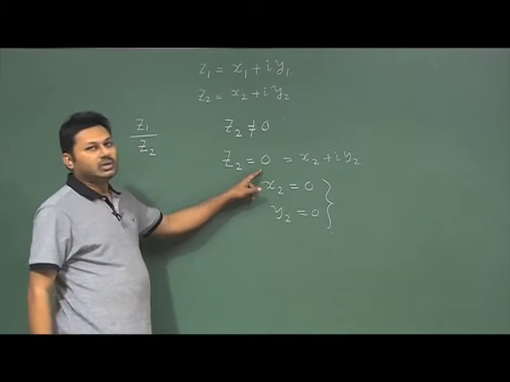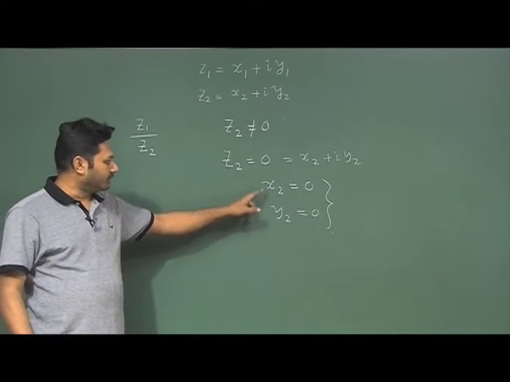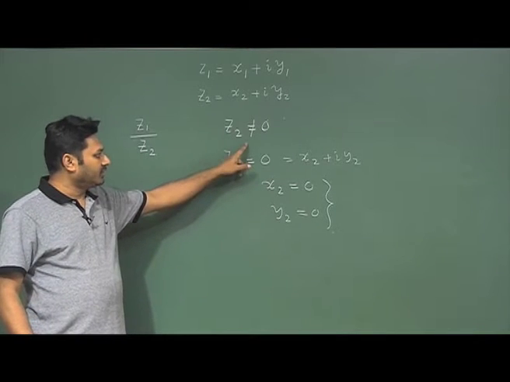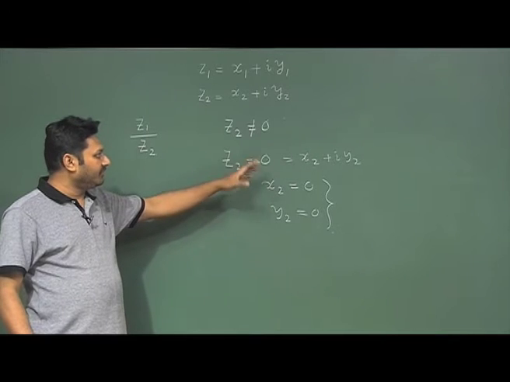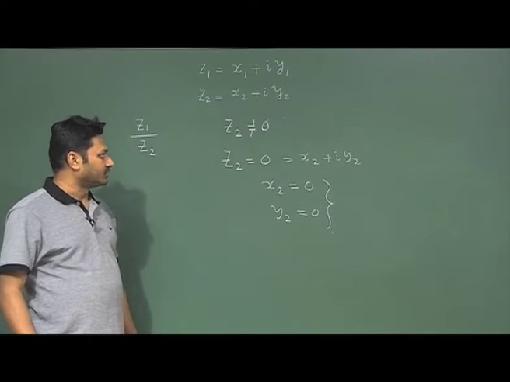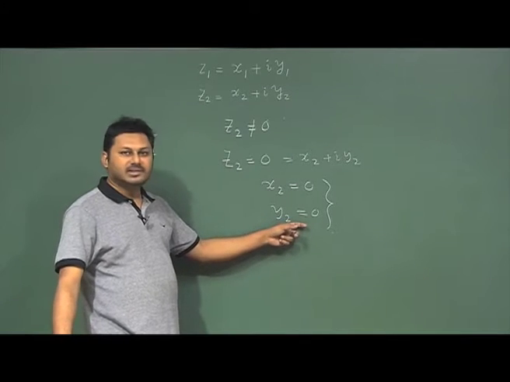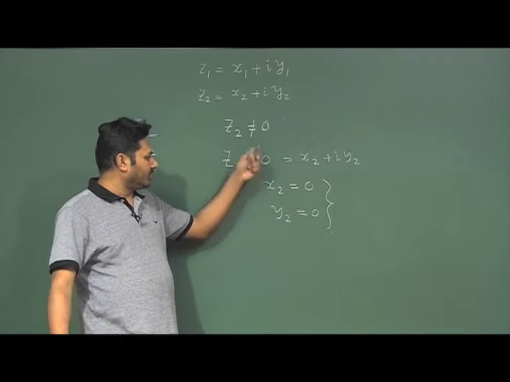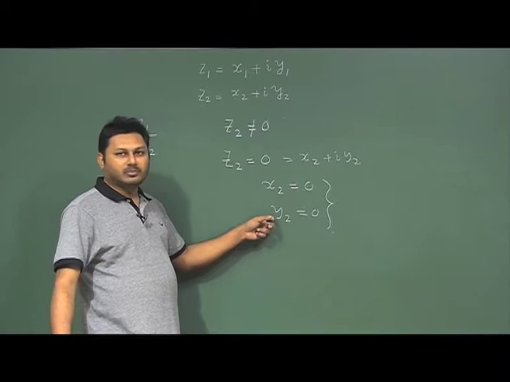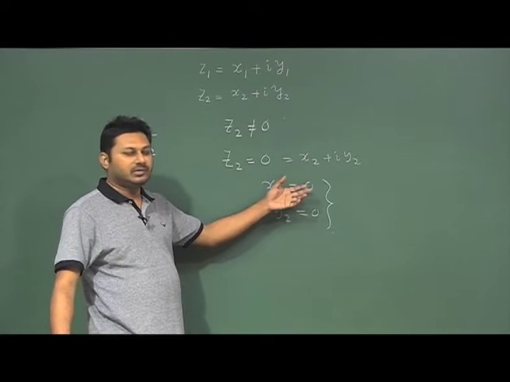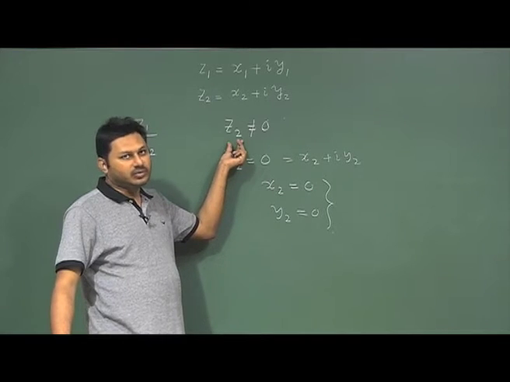If it is 0, then the real and imaginary parts are both 0 separately. So, for it to be non-zero, it means that any one of these is not equal to 0. If it is 0, then both should be 0. If any one is not equal to 0, then I can say z2 is not equal to 0.